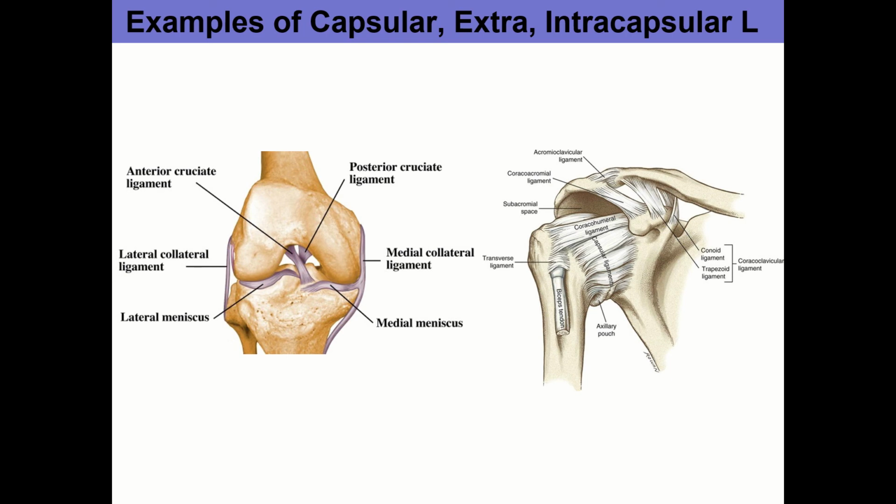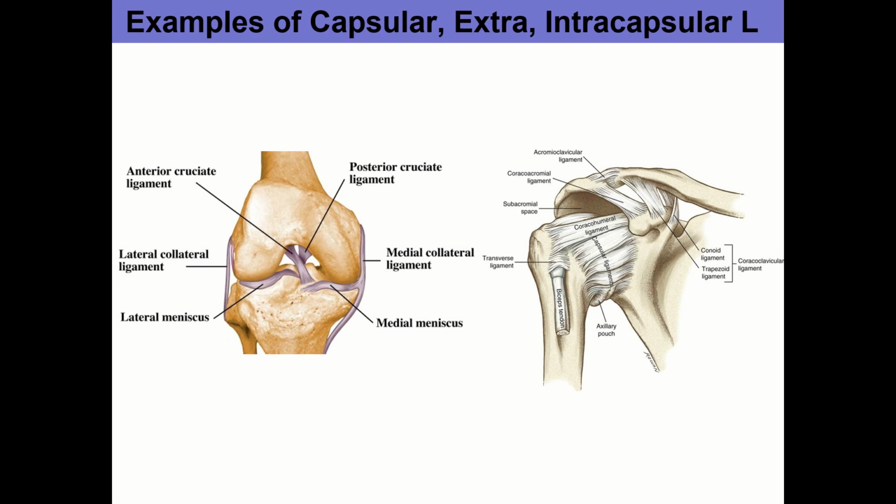And then intracapsular ligaments, so your ACL, the anterior cruciate ligament, this guy, the big one in the knee, that is entirely inside of the joint. One of the reasons that matters is that it affects the ACL's ability to repair itself, because when it tears, let's say it's a mid-substance tear, meaning it's right in the middle of the ligament, there will be some clots that attach to the ends of the ACL, and they're going to try to bridge that gap between the two pieces, right?